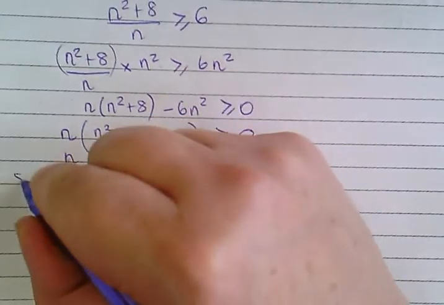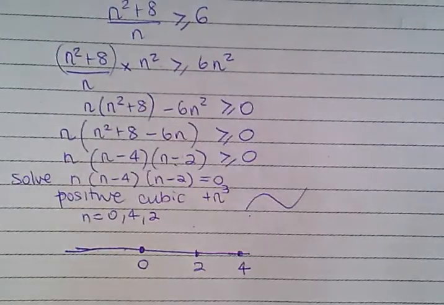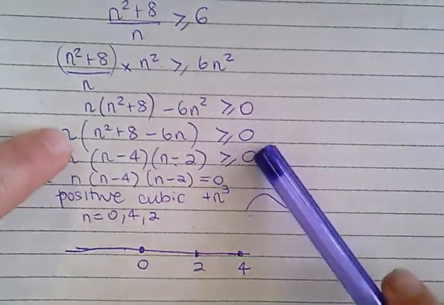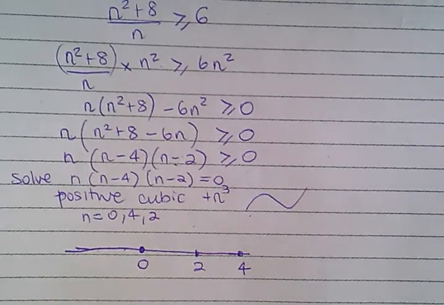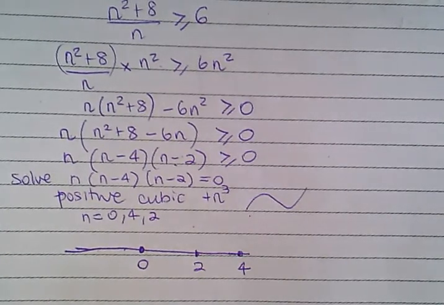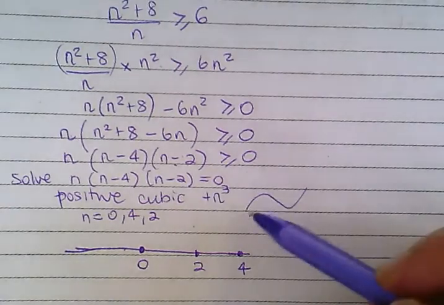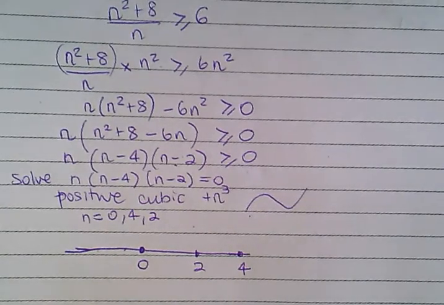So first I solve the equal 0 one, and then I'm going to see where this graph lies above the x-axis. Now, let's say you did not know how to draw it. If you don't know how to draw it, it's either going to be this shape or the reverse shape.